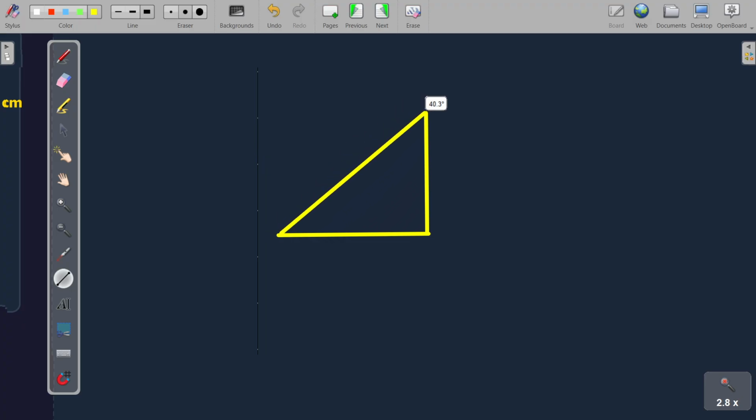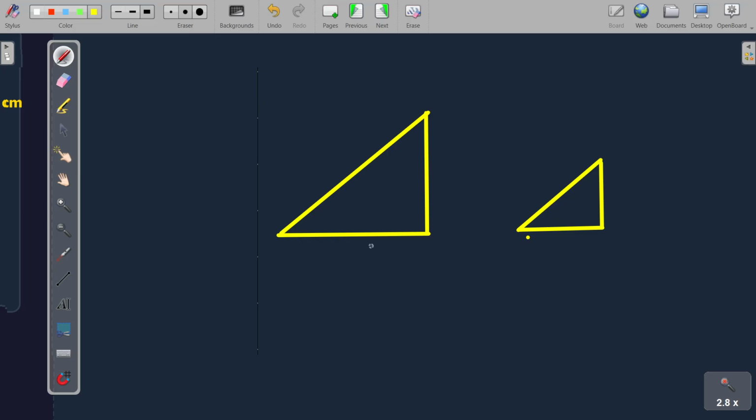The angle is going to be 40, and the smaller one also has 40 here. Then I'm going to draw a smaller one. It definitely has a scale factor. It's not perfectly half, but again, this is just a representation.